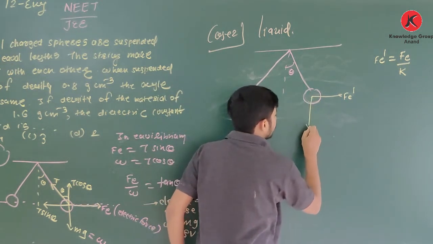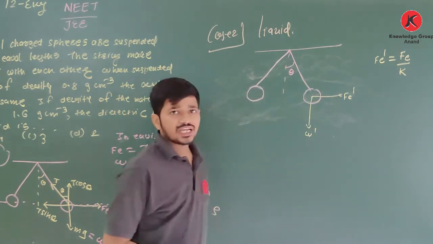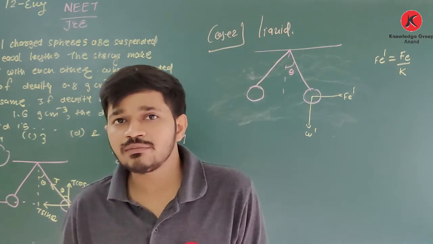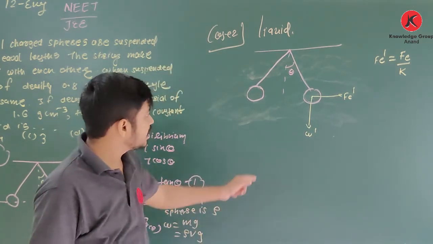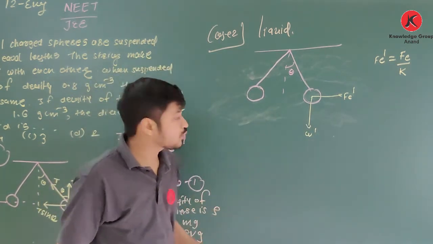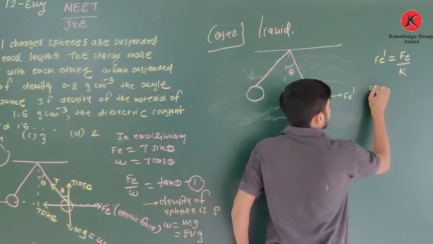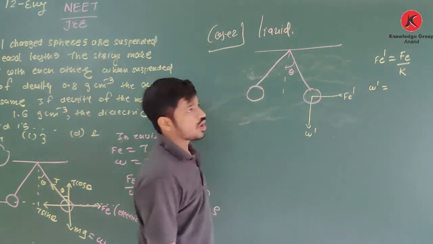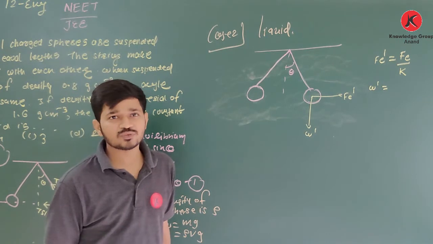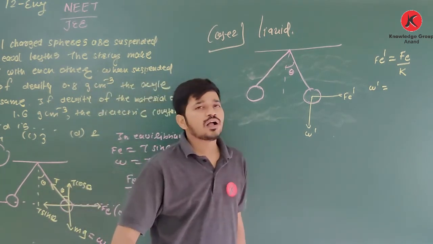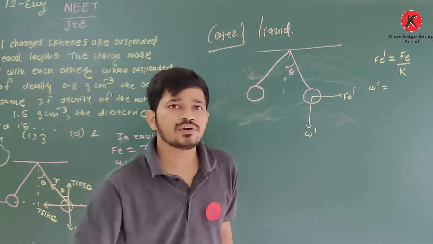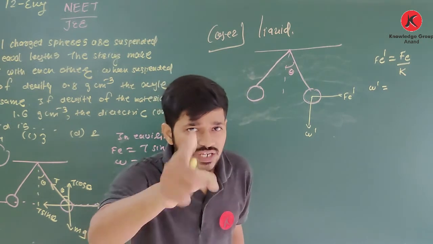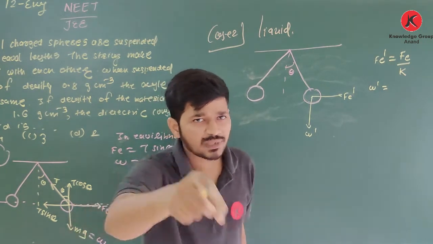What about weight? Weight is acting in the downward direction. Weight of an object in one medium is different than weight of the object in another medium. So what about W dash? Weight in another medium means what? Remember 11th fluid mechanics, buoyant force.